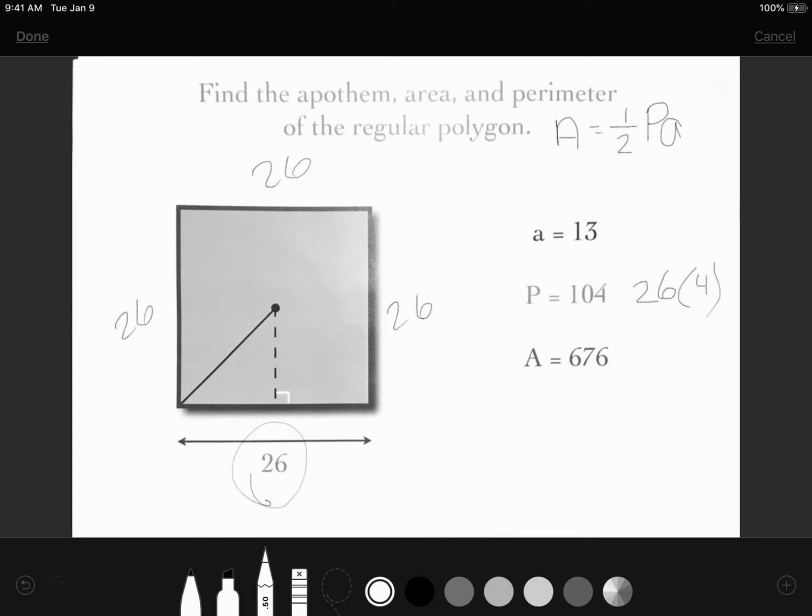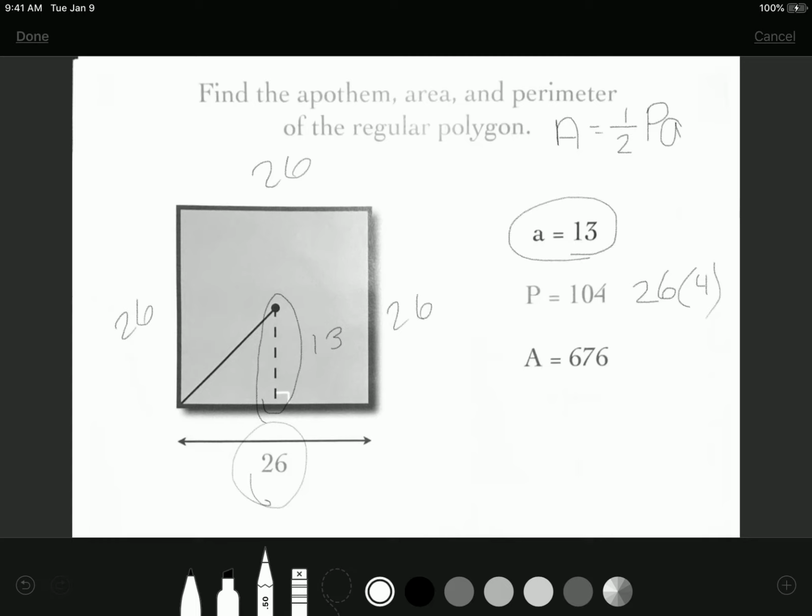To find the apothem, this is pretty straightforward because we know that this segment here is 1/2 of one side of the square, so it would be 13. So here's that answer.